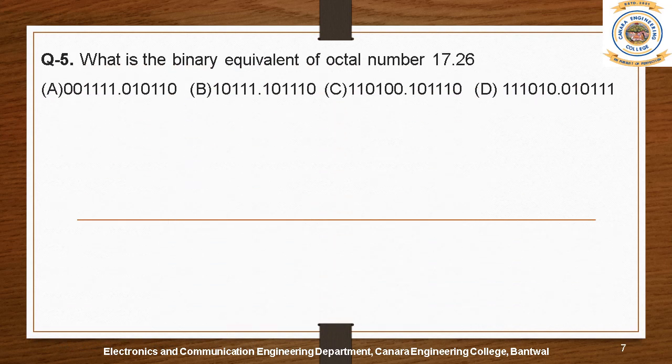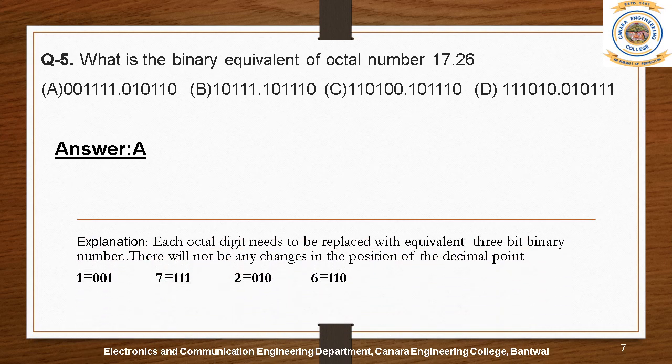What is the binary equivalent of octal number 17.26? In the octal number system, the digits are only 0 to 7. Again, in the same way as we converted binary to decimal, here we are converting octal to binary.